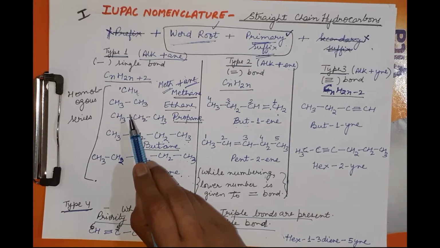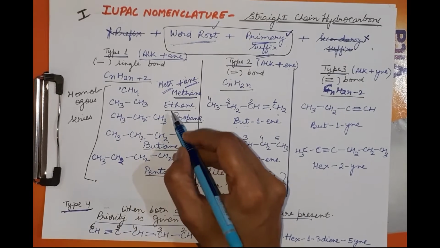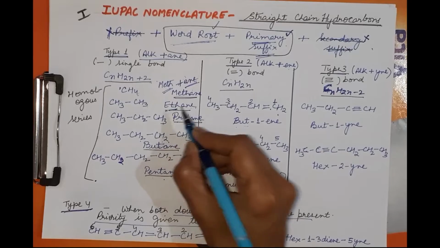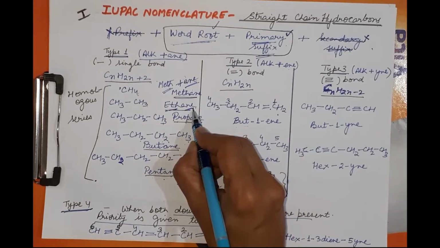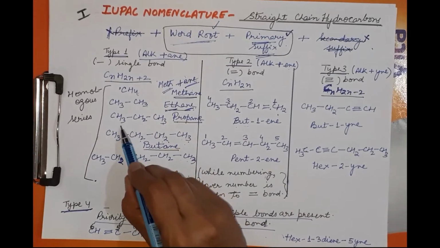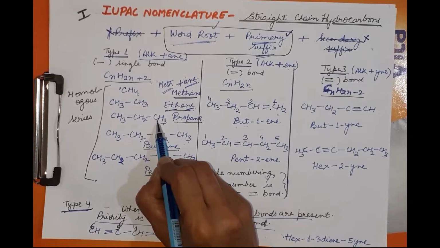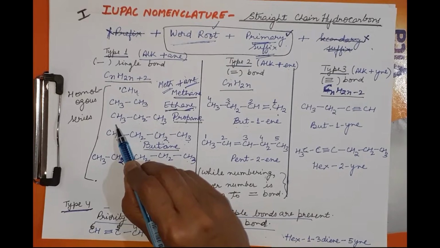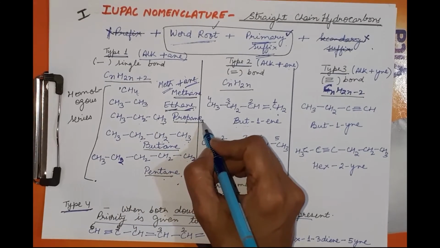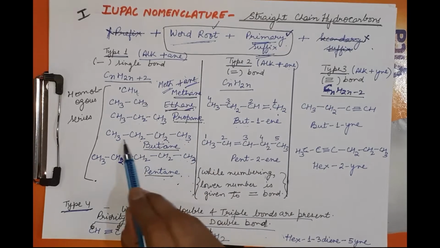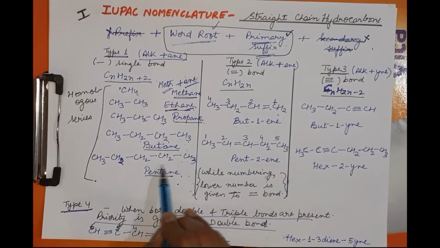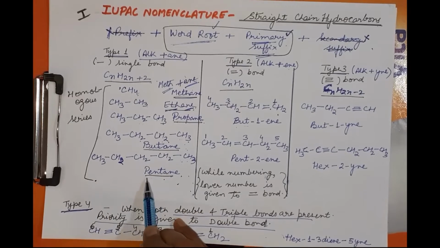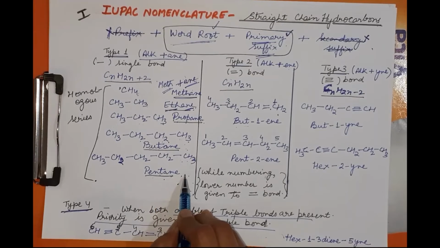Next, for the 2 carbon atom chain, the word root will be eth, plus ane because only single bonds are there, so ethane. With 3 carbon atoms in the parent chain, prop plus ane, propane. 4 carbon atom chain, but plus ane, butane. 5 carbon atom chain, pent plus ane, pentane.